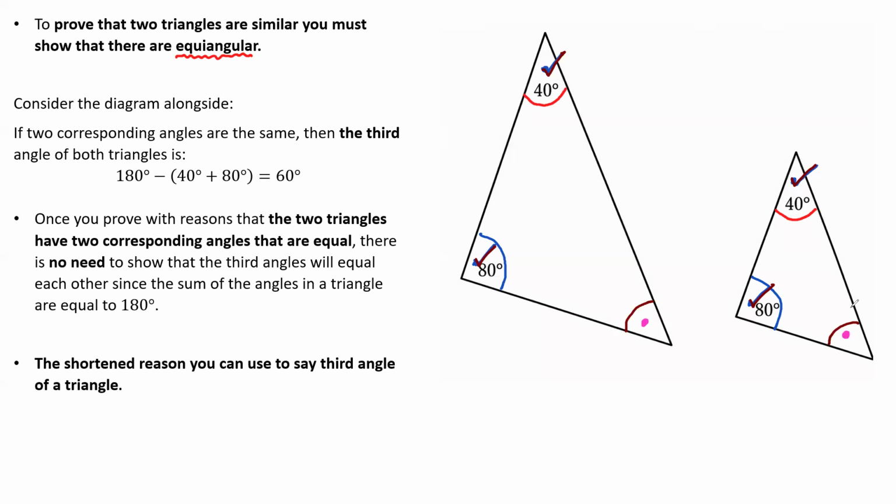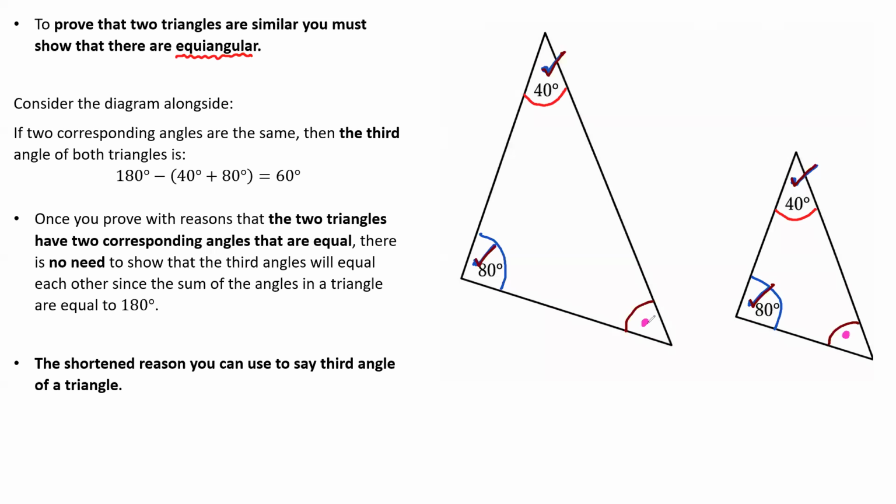So once you prove with reasons that two matching angles in both triangles are equal, the third one you don't have to prove. Your reason becomes third angle of a triangle.